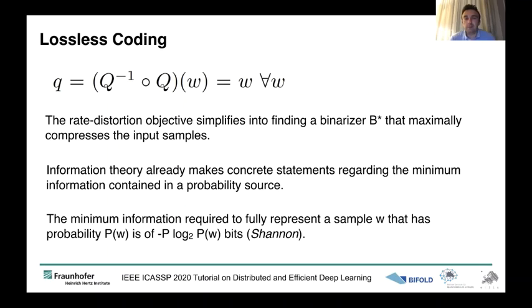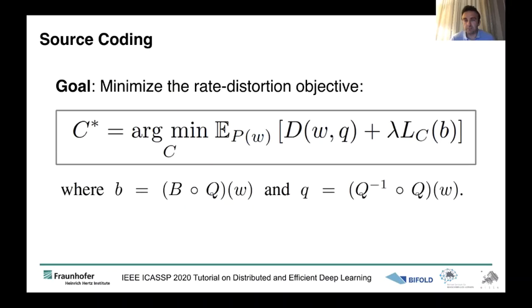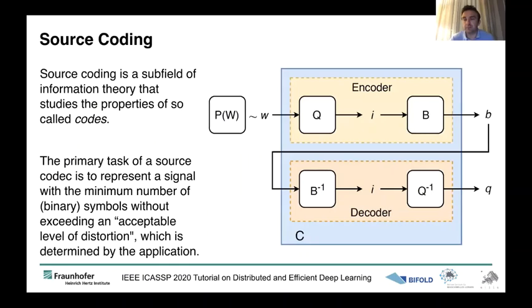If you have a lossless coding problem, then the rate distortion objective simplifies into finding a binarizer that maximally compresses the input samples. Then you are searching over the binarizer, because your Q is invertible.